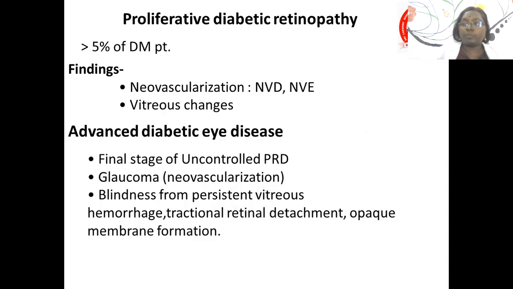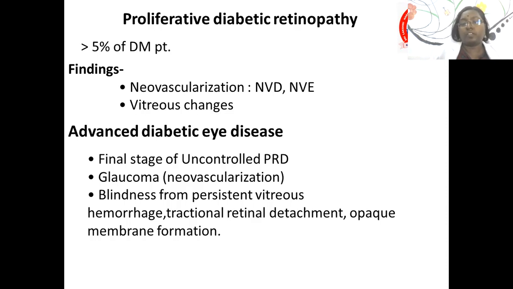That was about non-proliferative diabetic retinopathy. Proliferative diabetic retinopathy is seen in at least 5% of diabetic patients. The findings include neovascularization. Neovascularization can be seen at the disc, or around the posterior pole elsewhere, which is called neovascularization elsewhere. There can be vitreous changes.